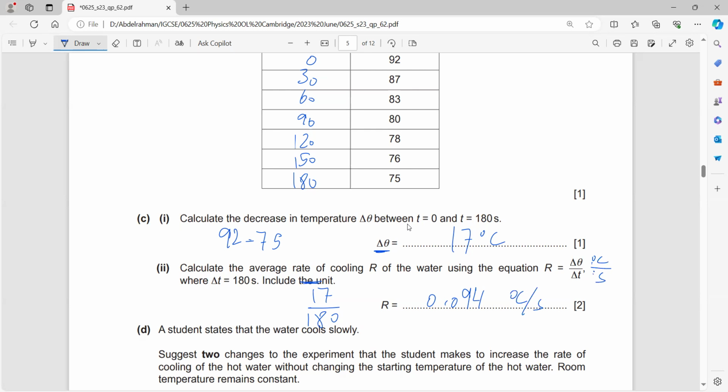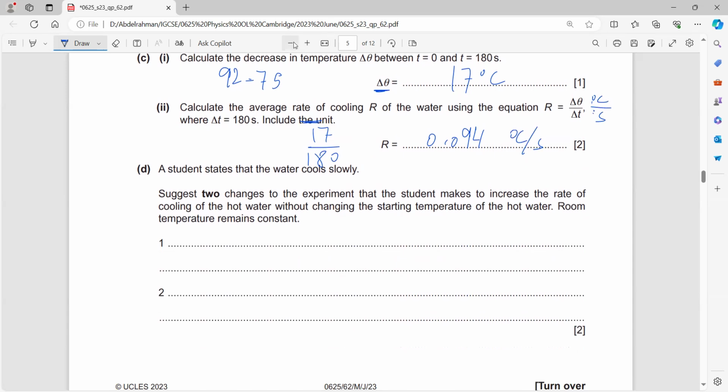But seconds per degree Celsius would mean that for each degree Celsius difference I will take a time of 0.094 seconds, which is wrong, it's not the rate of cooling.